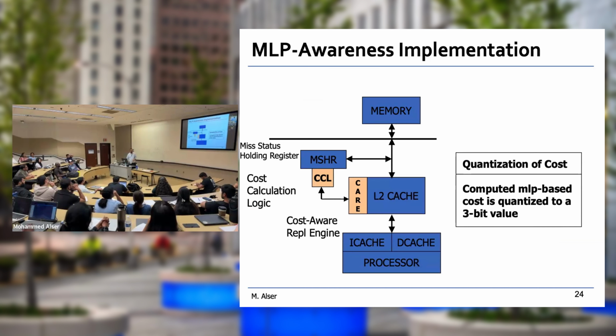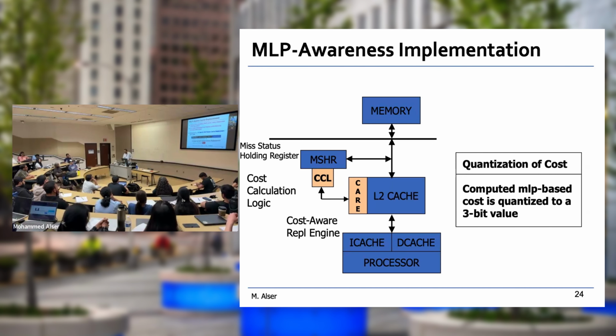They talked a little bit about the implementation, and that they need cost calculation logic to be added to the register to know the cost of every request we are making when requesting the memory to give us that memory block, right? However, this calculation logic is really expensive.